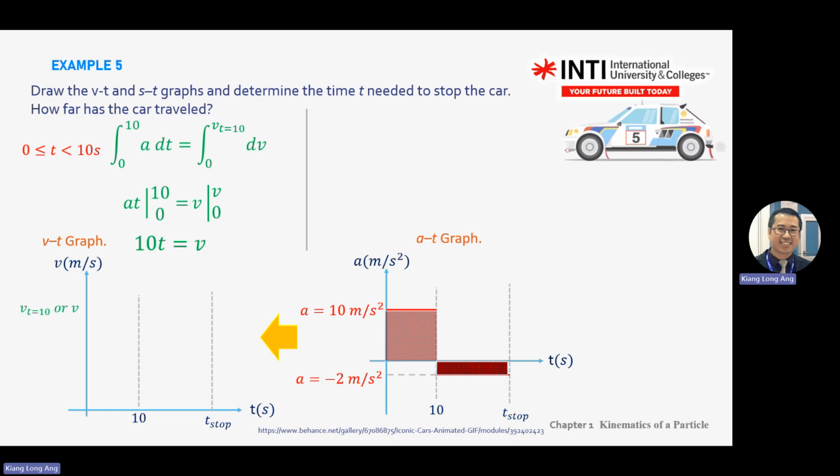This is in the form of the same comparison, mx plus c equals y. So your gradient is 10, and c is 0 because your x is 0.